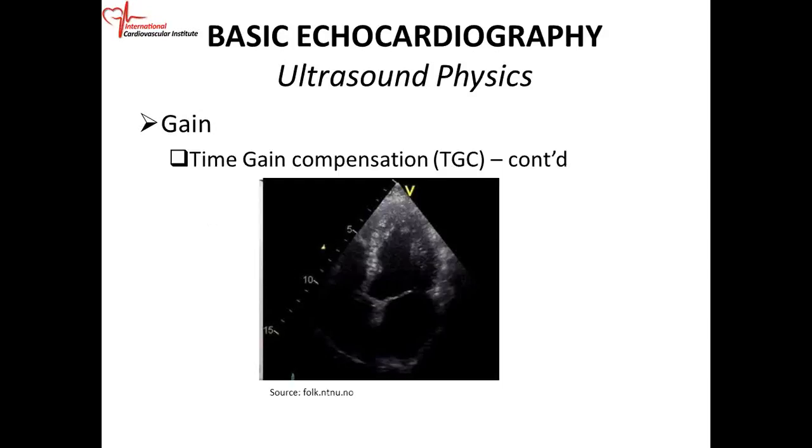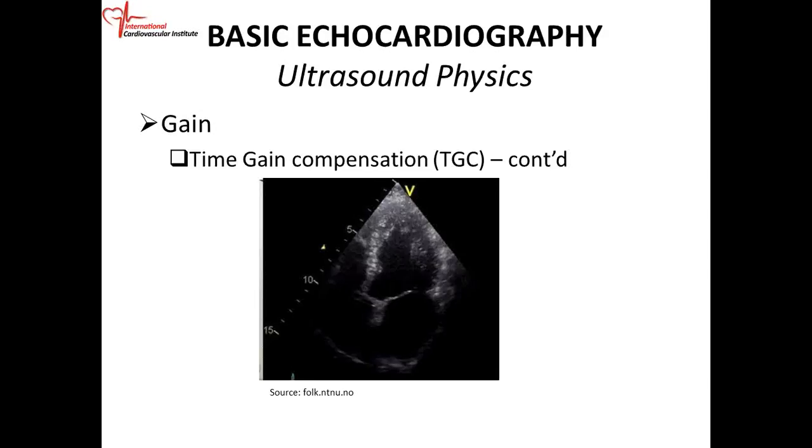All right, so if you get an image like that, you say, look at the deeper structure. If you look at the deeper structures, it's not very well highlighted. You have dropout in the interatrial septum, and to the lateral portion of the atrium, there's dropout as well.